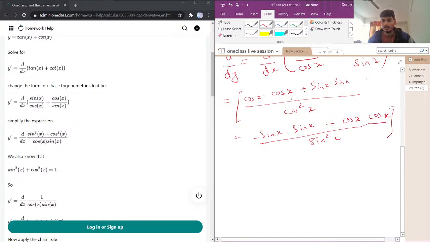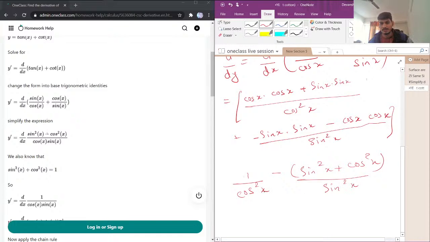Now this will become cosine square x plus sine square x, which is 1, over cosine square x, minus, oh god, I'm getting the same solution, sine square x plus cosine square x over sine square x.